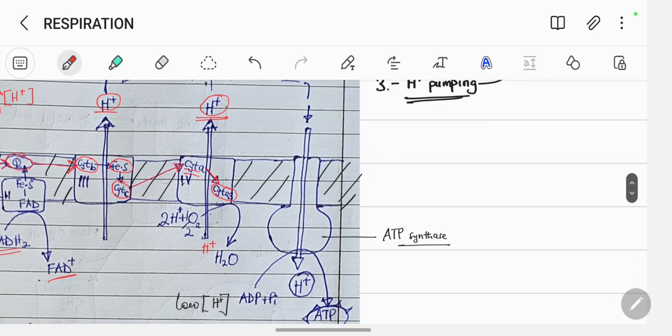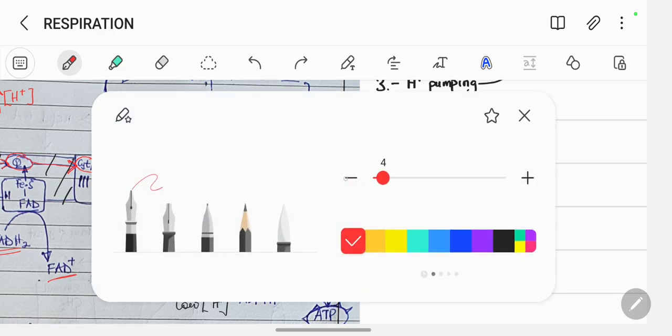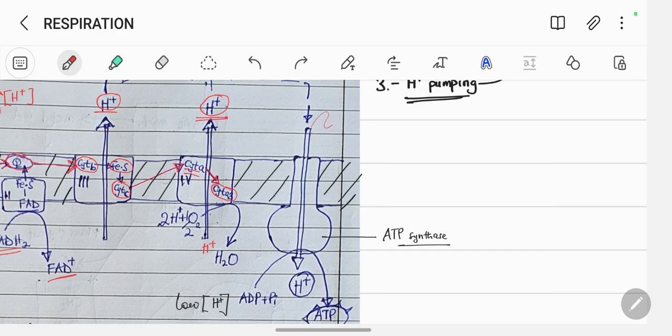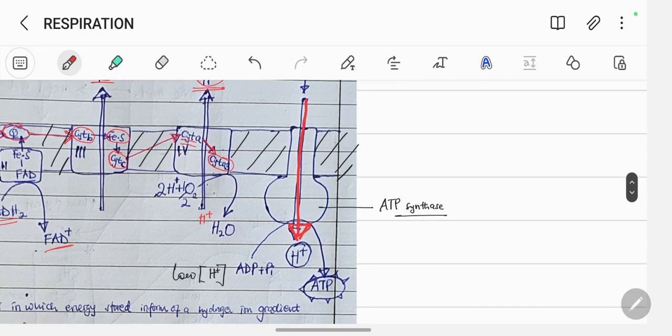So our hydrogen is going to begin moving from regions of high concentration to regions of low concentration, like this. Now, as one hydrogen ion passes through the channel, it's going to induce this channel to generate that energy that is needed to combine ADP with an inorganic phosphate and form ATP.